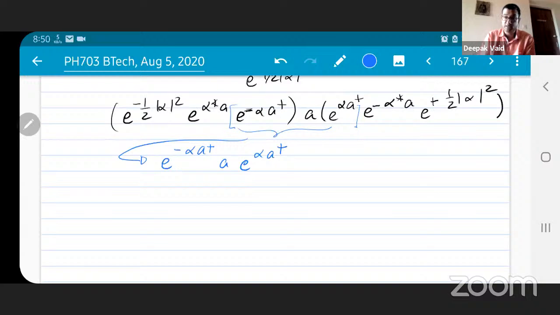This is a displacement, right? So what will this be equal to? This will be equal to a plus the commutator times alpha. And what is this commutator? This commutator is the commutator of this guy and this guy.